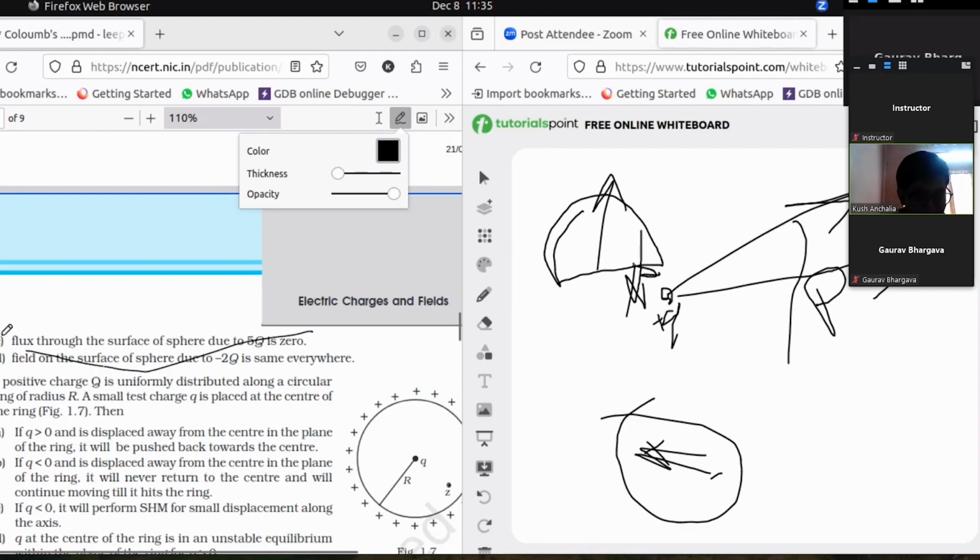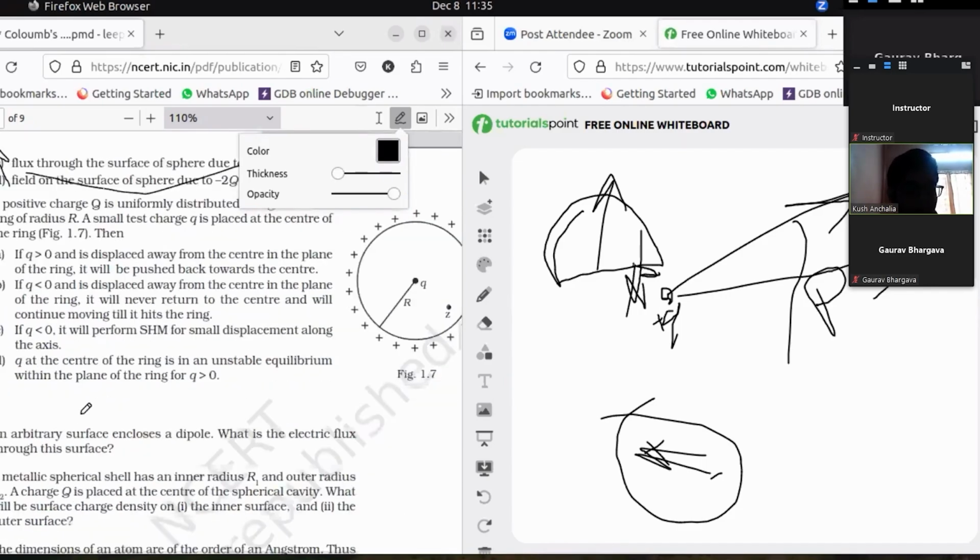These two are wrong options. See, flux is how many lines are crossing per unit area, so it should be uniform. Because of net minus 2q it won't be. And for 5q, see, it is outside, so it should be an inside thing.